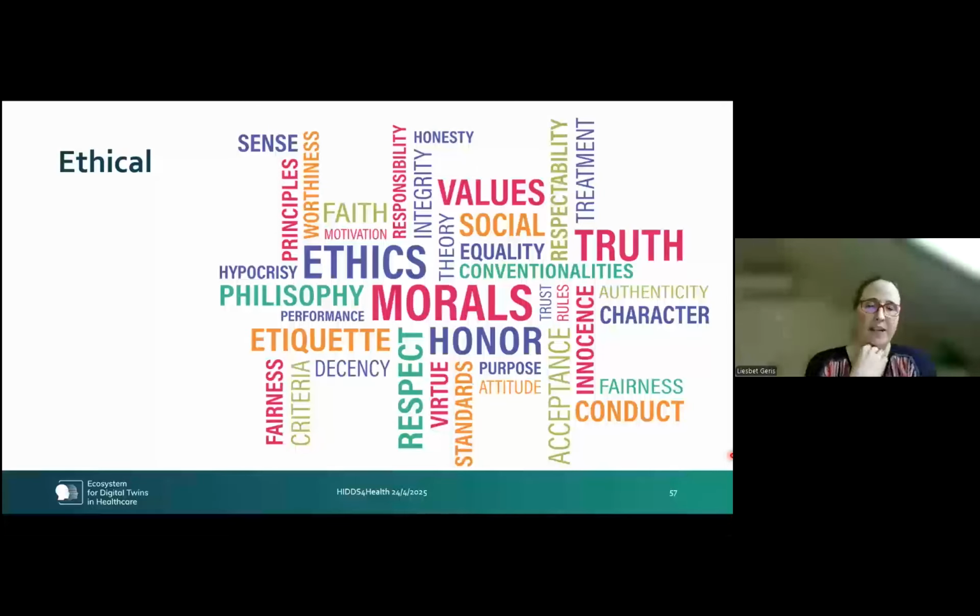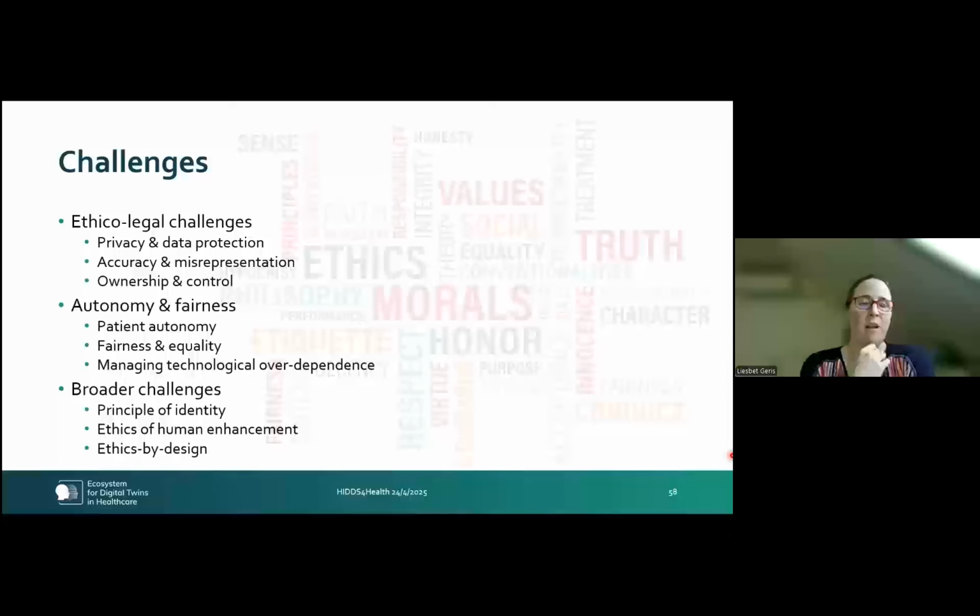Moving on from the legal to the ethics, there are, of course, a lot of ways to look at ethics, and all of them can apply in some way to digital twins. We did a whole analysis with the working group. There are, of course, ethical and legal challenges, the ones that have to do with privacy, data protection, accuracy, and who owns this thing.